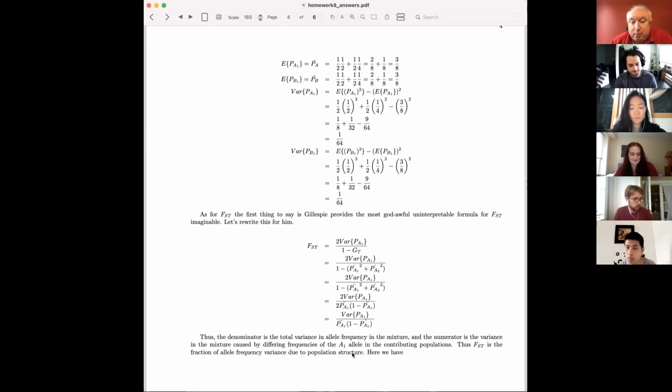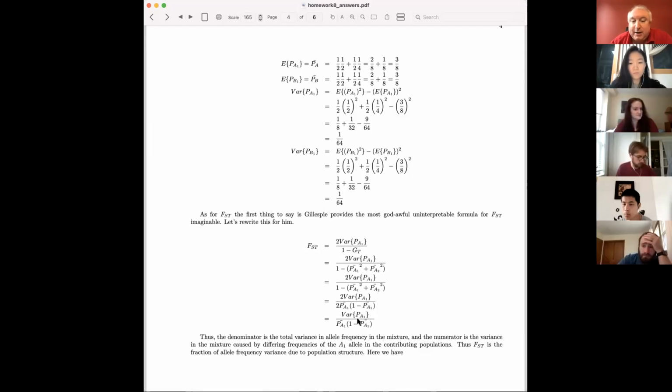FST is interpretable as the fraction of the variance induced by population substructure. It is the variance in the allele frequency between populations divided by the average frequency in the mixture times 1 minus that. That is the variance in the mixture. This is the variance between populations. It is the fraction of the variance in the mixture that's due to substructure.